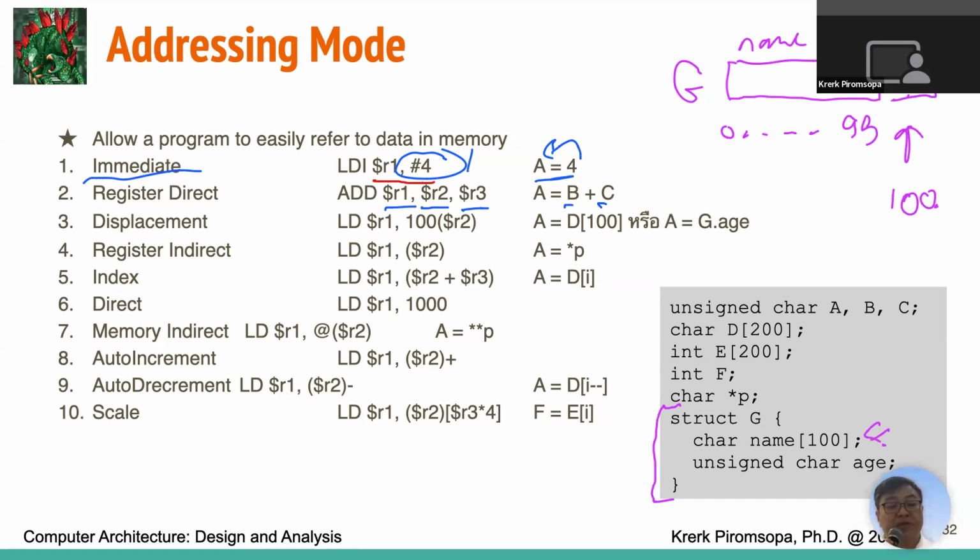It starts at 0, so it stops at 99. Age is a character, just 1 byte, at byte 100. So you have to specify that I want to address G, 100 bytes from the beginning. Displacement means add 100 to this, then read it. We call this displacement.